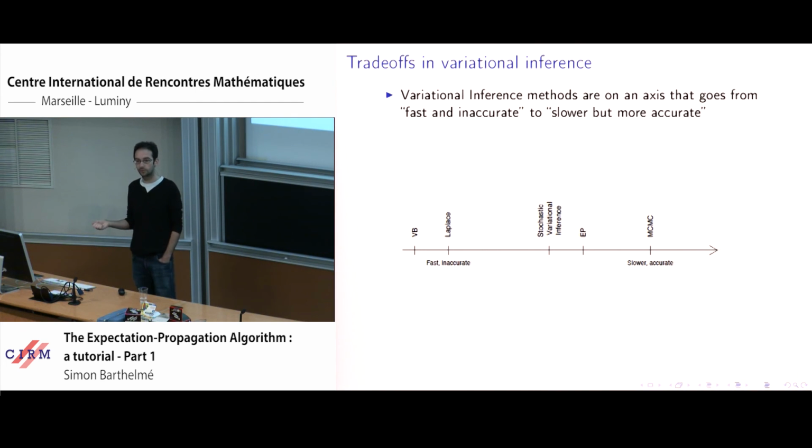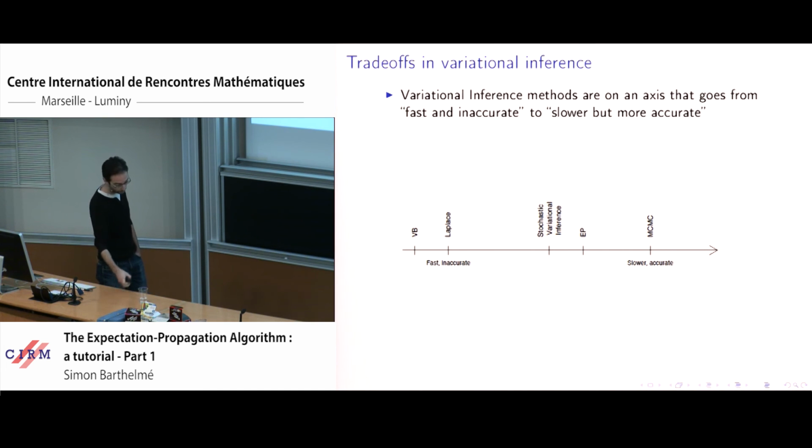But the uncertainty you get, the estimation of the error bars, is completely useless, and people don't use it in practice. But it's very fast, and you'd be hard-pressed to do anything with EP in such a case. So that's one end of the axis. I think Laplace is around here somewhere; where it is in relation to VB depends on the exact problem.